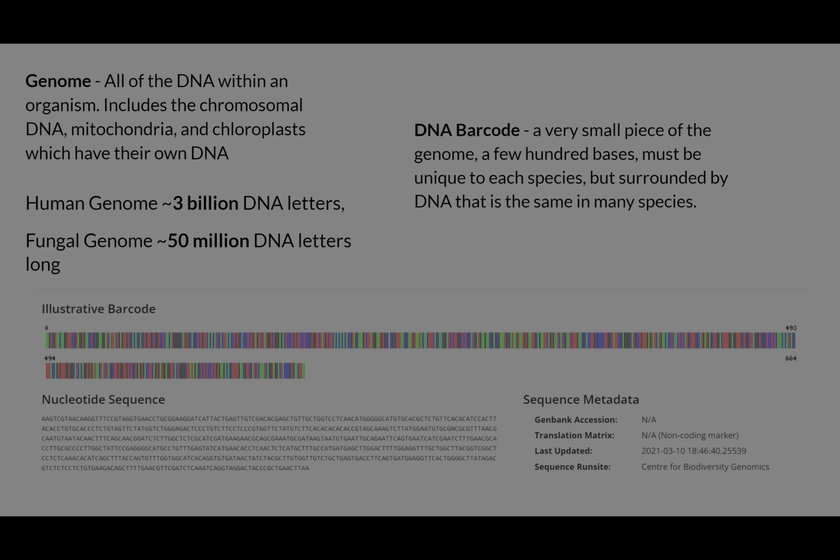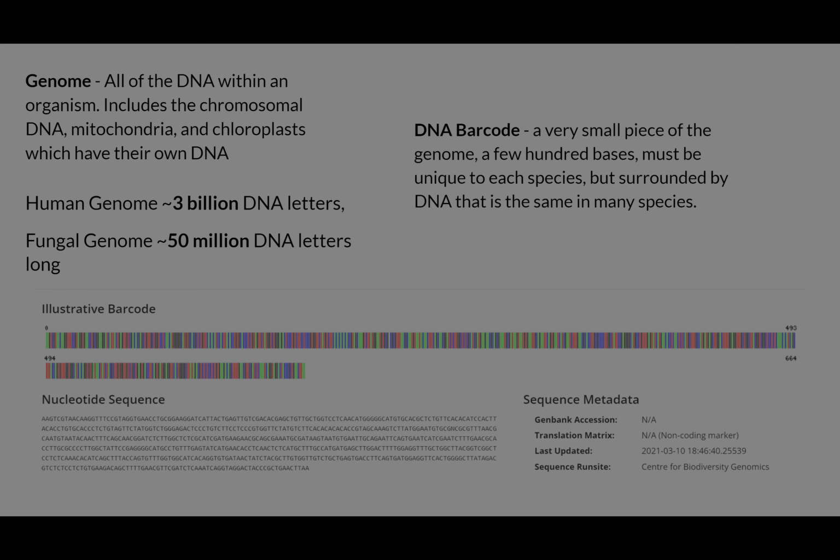It includes chromosomes, which have the majority of the genes that control your phenotype, as well as DNA from mitochondria, and if you're a plant, things called chloroplasts. Mitochondria and chloroplasts have their own DNA, which is circular and looks a lot like bacterial DNA.